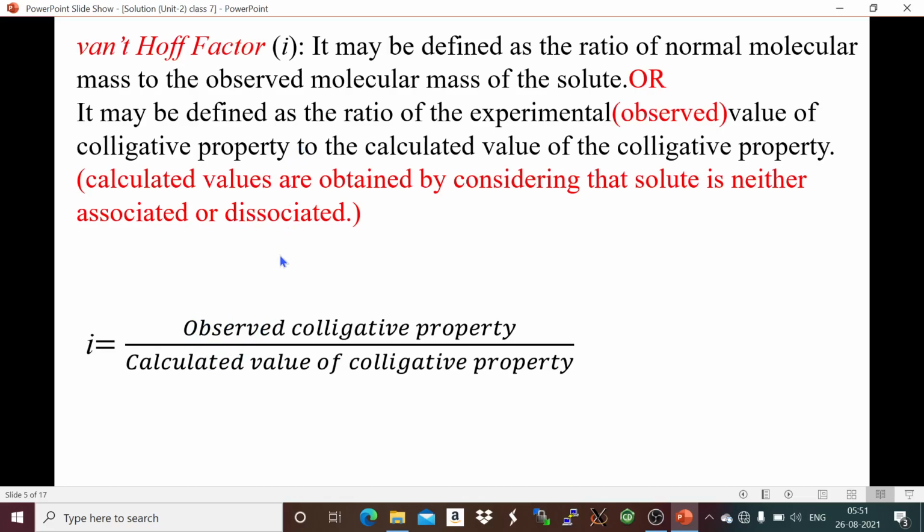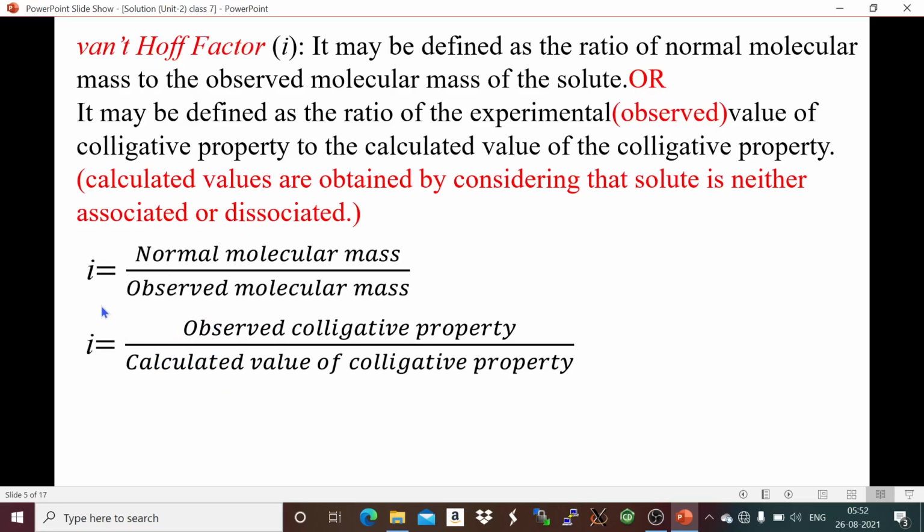If you remember that colligative property is inversely proportional to molar mass, then as it is inversely proportional to molar mass, the observed value will be the denominator and the calculated or normal value will be the numerator. So in terms of molar mass, the Van 't Hoff factor is the normal molecular mass divided by the observed molecular mass. Okay.